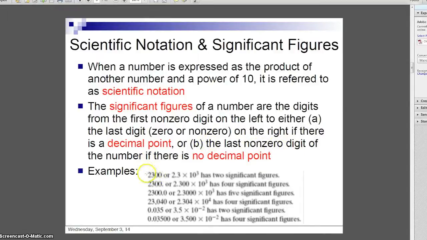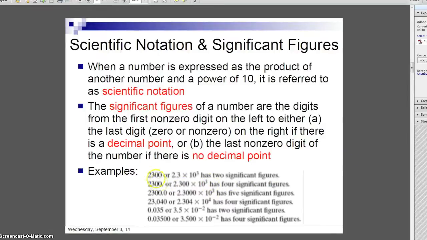So the last non-zero digit is in 23, so there's only two numbers there. So for this term, it has two significant figures. For the scientific notation, it's 2.3. So that's a decimal point there, and it's still two significant figures.